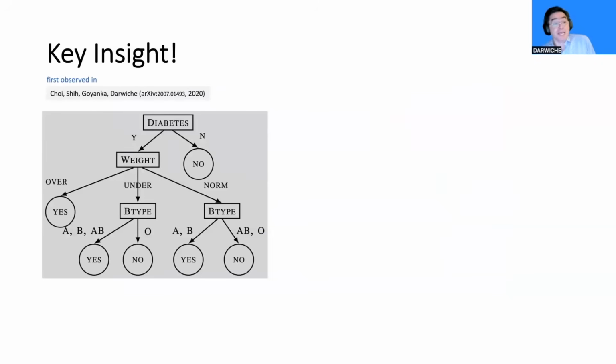Okay. Now I'm going to turn to an exciting and new development in explainable AI, or in formal explainable AI. The observation I'm going to start with is not new. In fact, the first time this was observed is in this paper we had. It was in a workshop and on the archive.